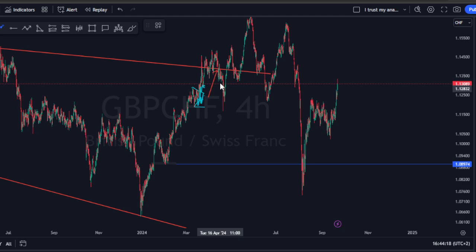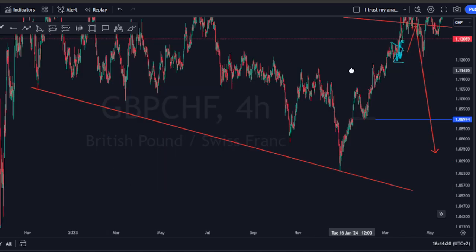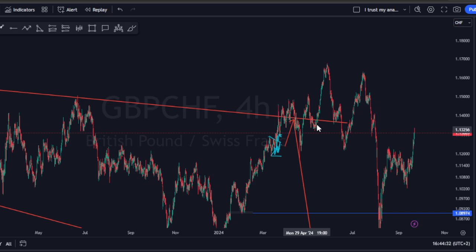That was our initial analysis, as well as the breakout and then continue to the upside. Let me go to the daily just to show you.